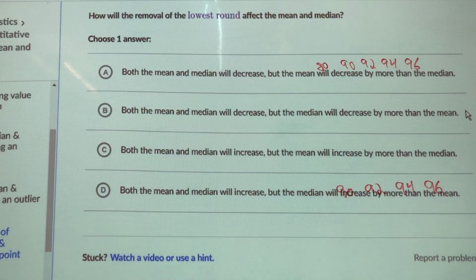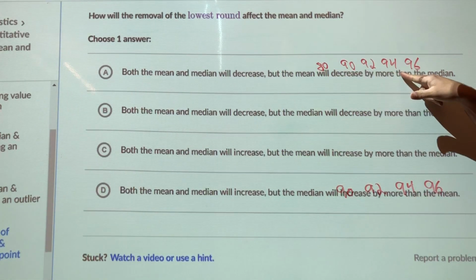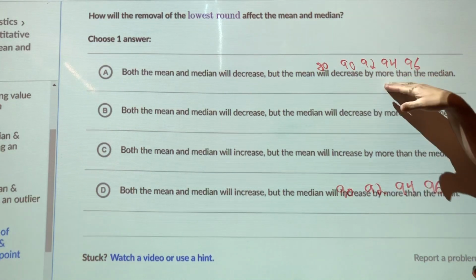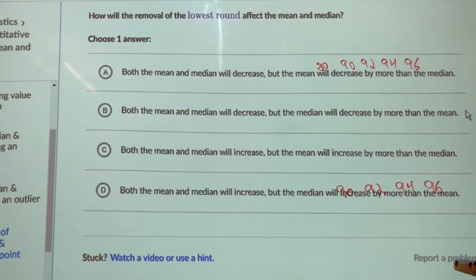All right, so we're gonna do the work. We're gonna actually find the mean and the median. So to find the mean, I'm gonna add all these up, divide by 5, because there's 5 data points. See what this mean is, the original mean.